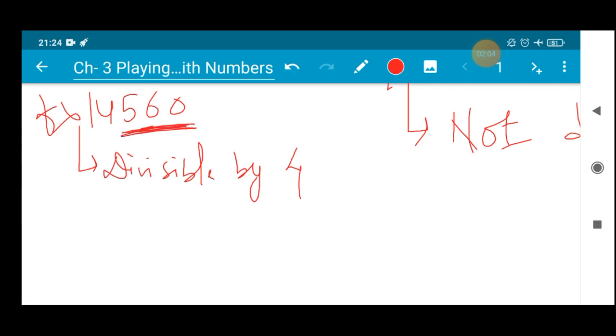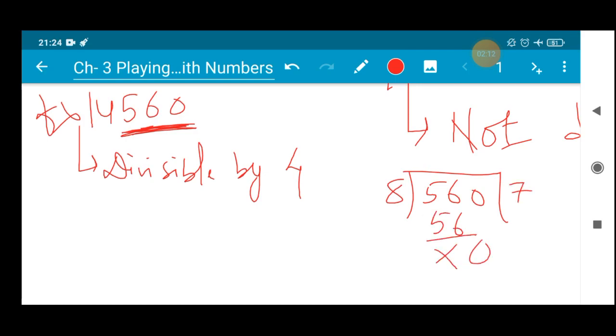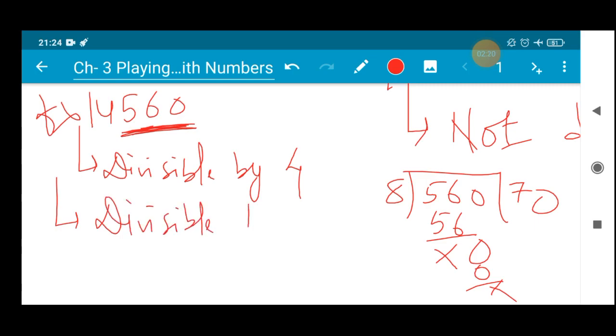The last 3 digits should be checked. 560. 8 sevens are 56. 56 minus 56 is 0. 8 zeros are 0. So 8 times 70 is 560. So here you can write that it is divisible by 8. Yes, it is also divisible by 8.